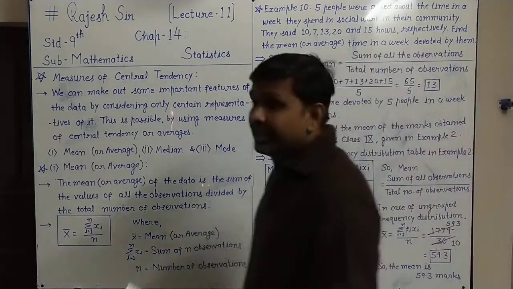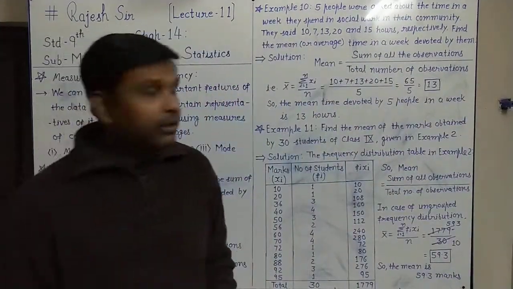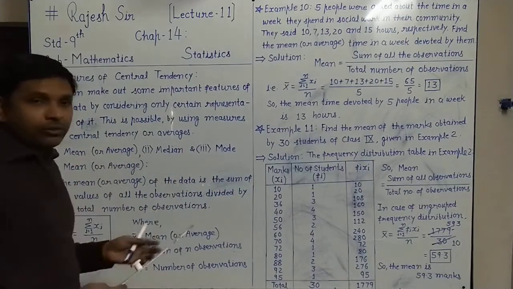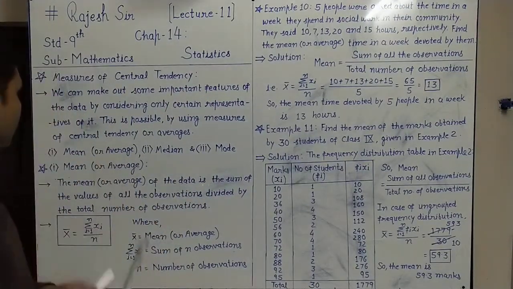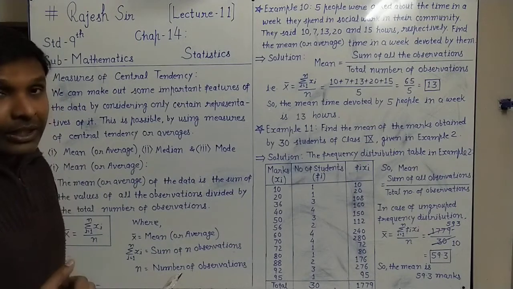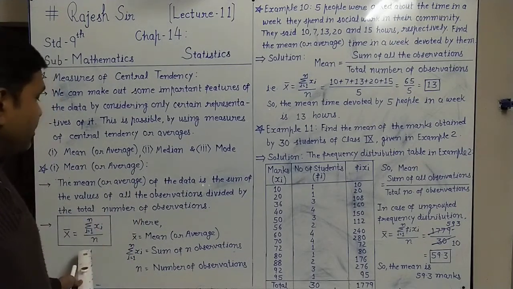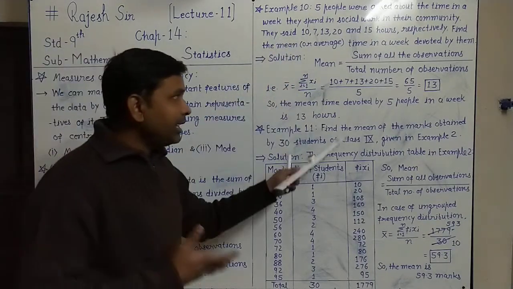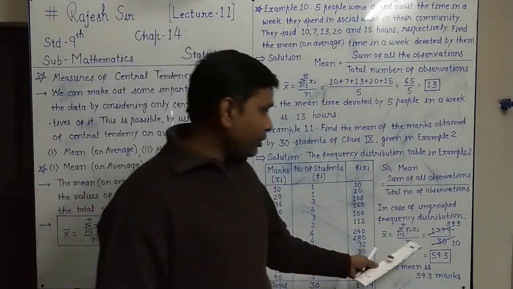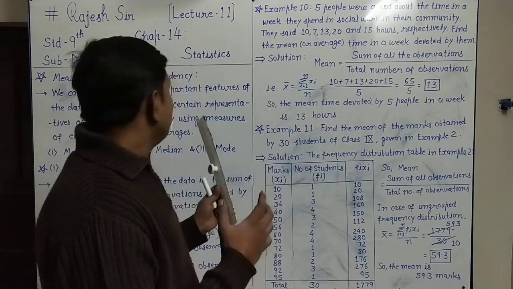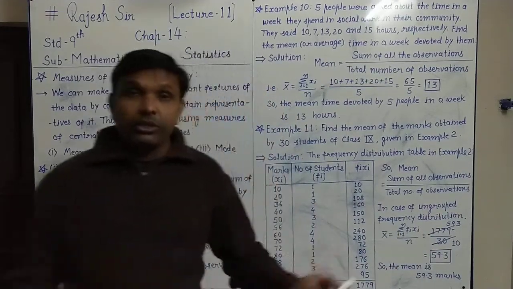So in this lecture we understood about the mean, the definition, and the measures of central tendency first. The average is the first measure of central tendency. We understood what the mean is, the definition, the formula, the example, and the modification of the formula if a frequency distribution is given. You are advised to understand these measures of central tendency.